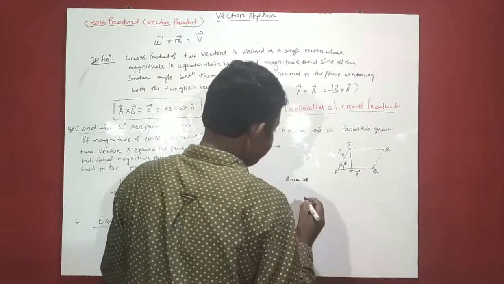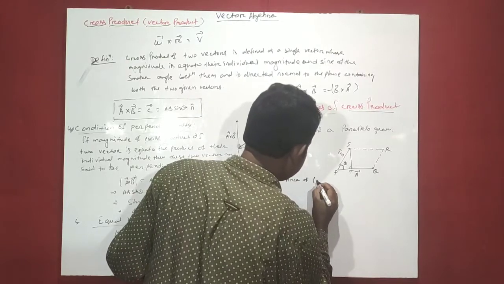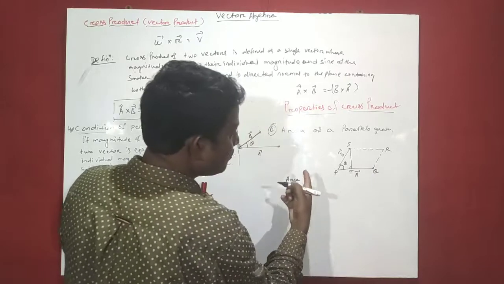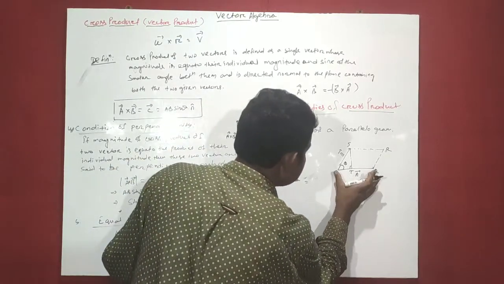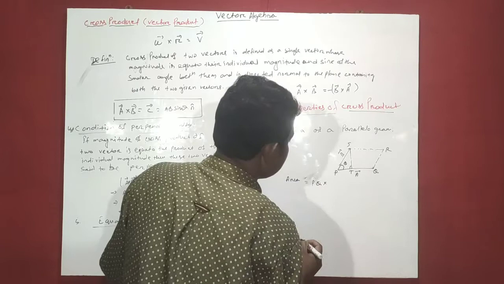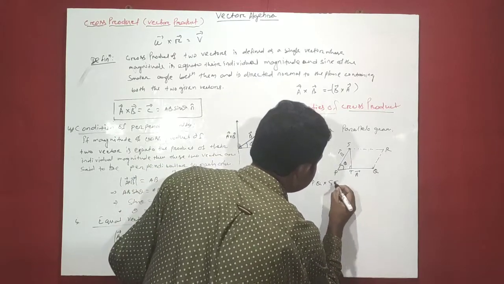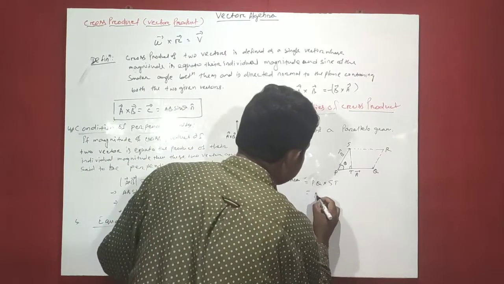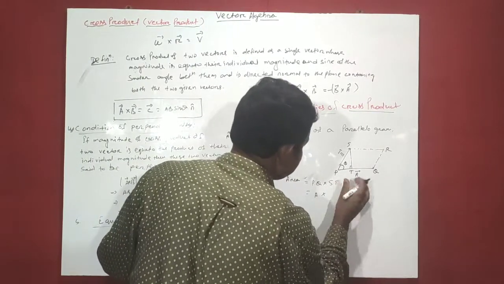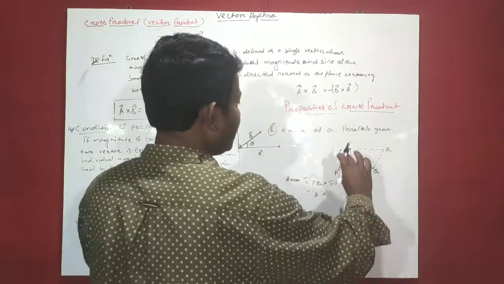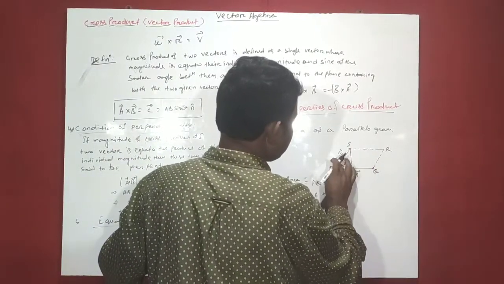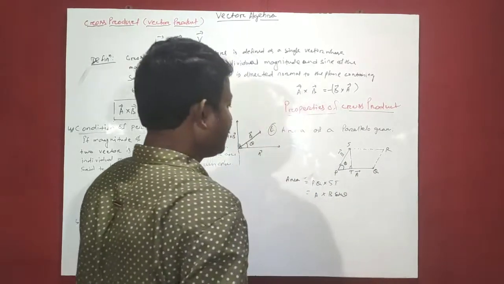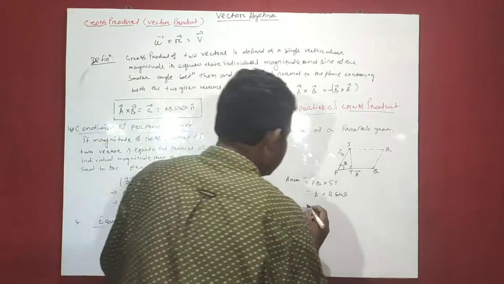So area is equal to PQ into ST. The magnitude of PQ is A, and ST is B sin theta.